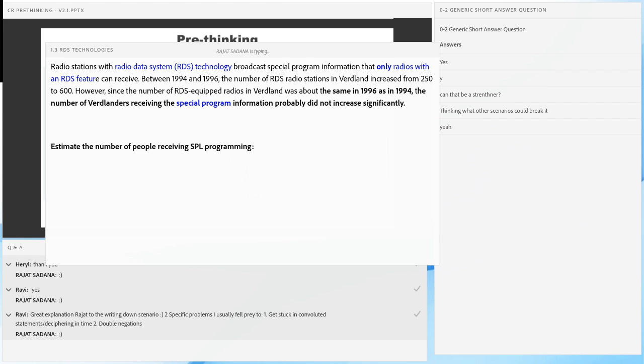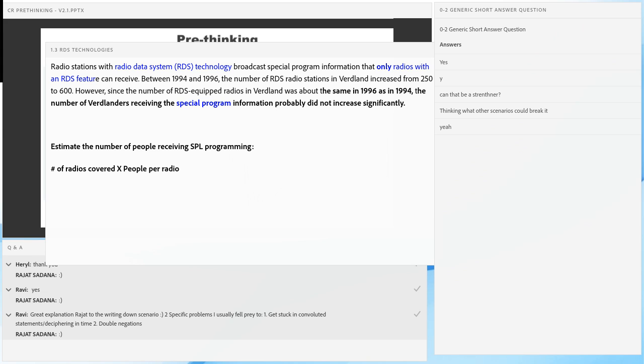One, the number of people who receive special programming is a product of the number of people covered, multiplied by the number of radios covered. It's as simple as that.